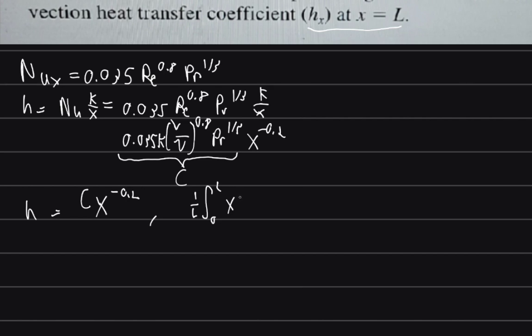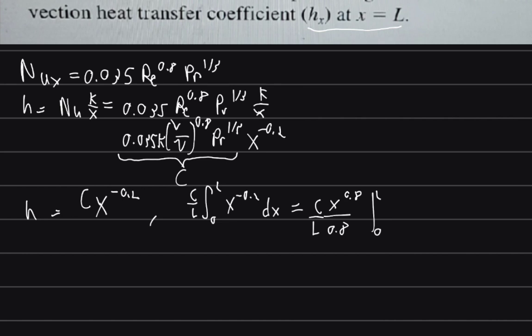So x to the minus 0.2 dx, and the c we can pull out because it is a constant with respect to x. Integration rules: you add 1 to the exponent and divide by the new exponent. So minus 0.2 plus 1 is 0.8. Divide by 0.8. And then we have c and L, evaluated from 0 to L.